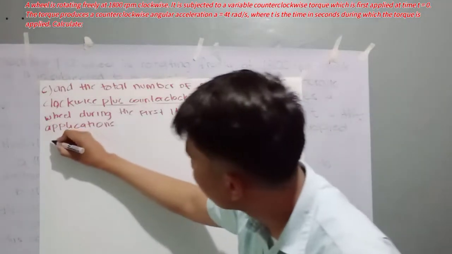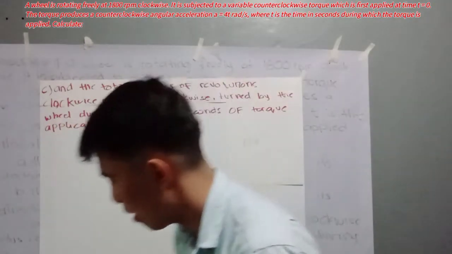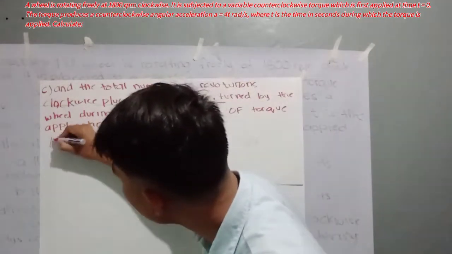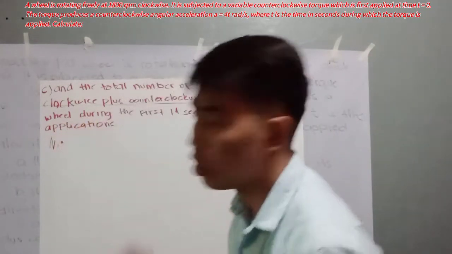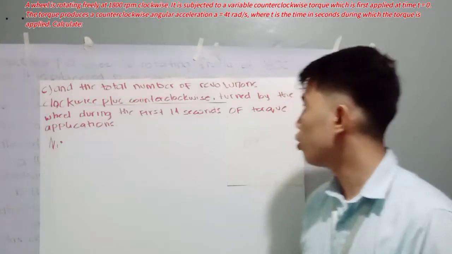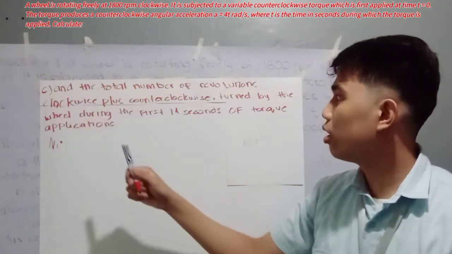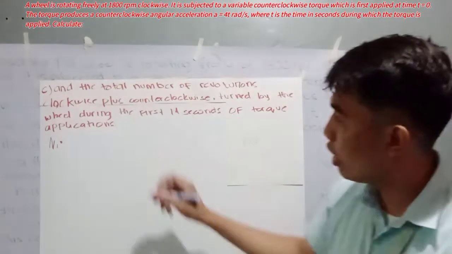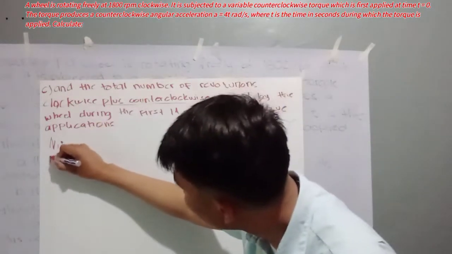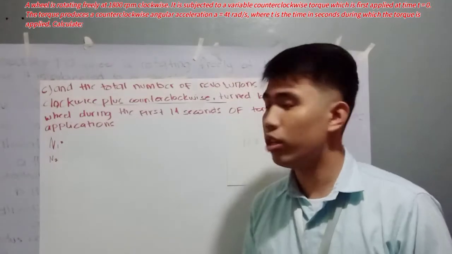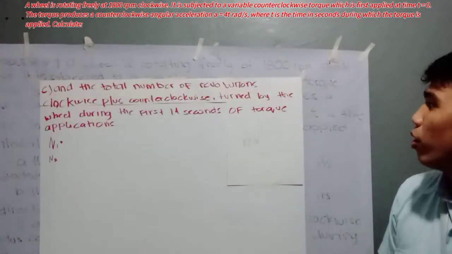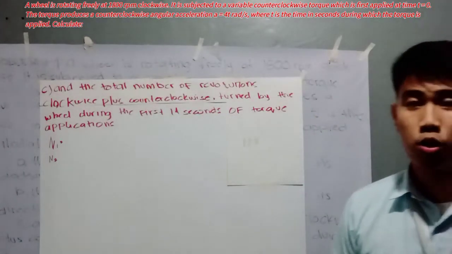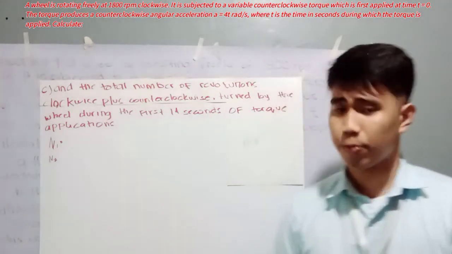Let N1 be the number of clockwise turns during the first 9.71 seconds. Then N2 is the number of counterclockwise turns during the remainder of the time interval.